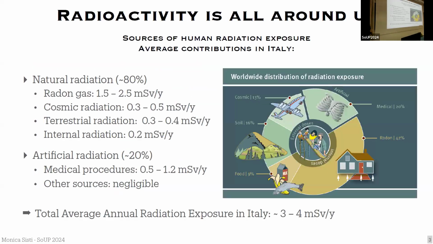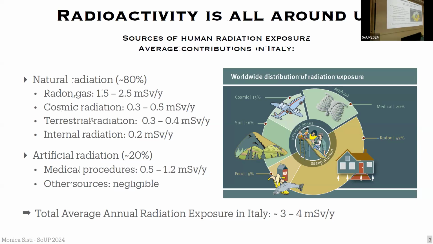So first of all, you all know this, but radioactivity is all around us. The human being has grown in a world full of radioactivity. Natural radiation makes up today about 80% of the annual radiation exposure, for example in Italy, but in developed countries it's more or less the same situation.